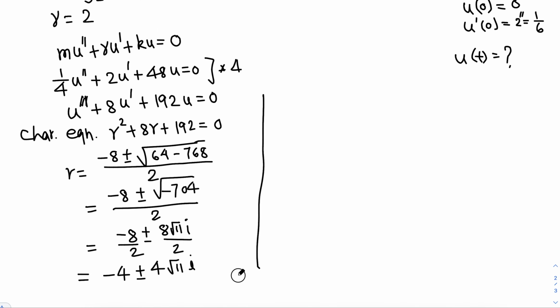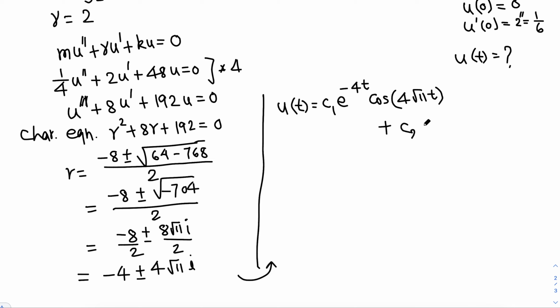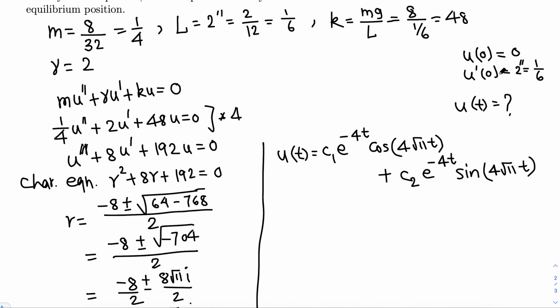The solution is C1 e raised to negative 4t cosine of 4 root 11 t, plus the same thing for sine, C2 e raised to negative 4t sine 4 root 11 t. Now using the two initial conditions, we need to determine the values of C1 and C2.